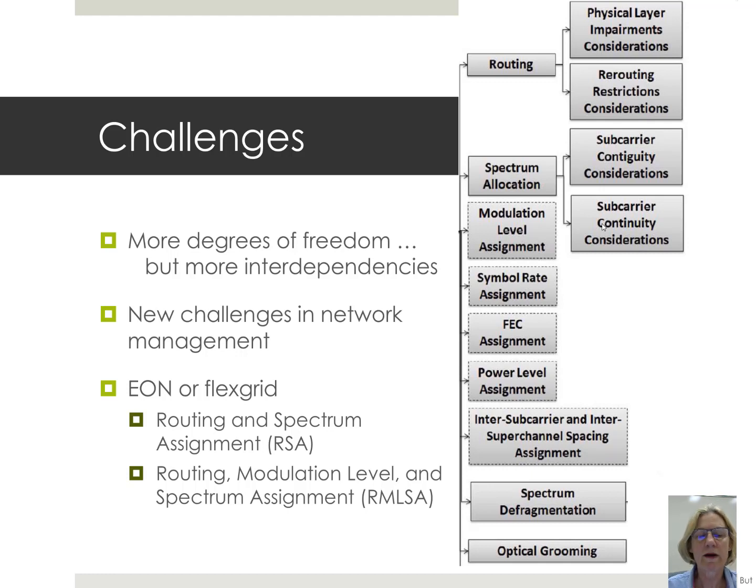Some modulation formats will work better with continuity. We need to determine what level of modulation, how many bits per symbol, what kind of symbol rate we want to assign, the FEC assignment. All of these are going to impact these decisions that we're making.